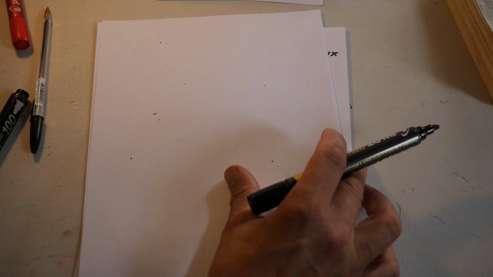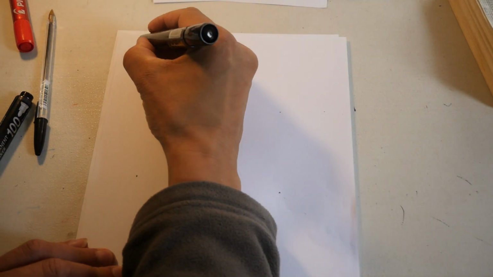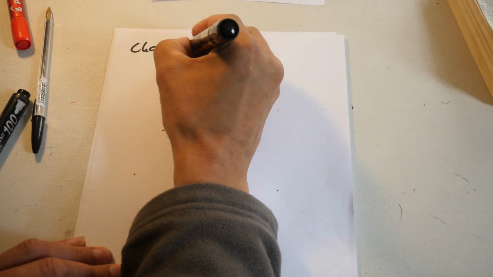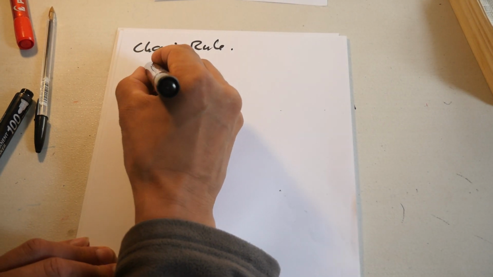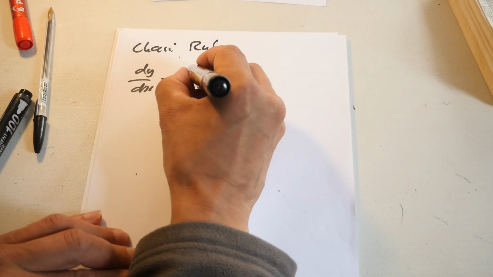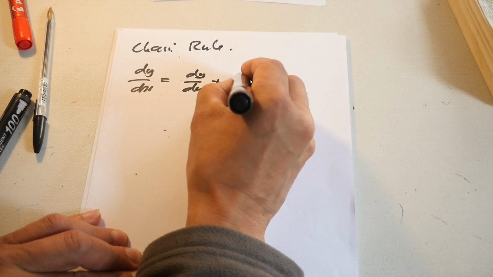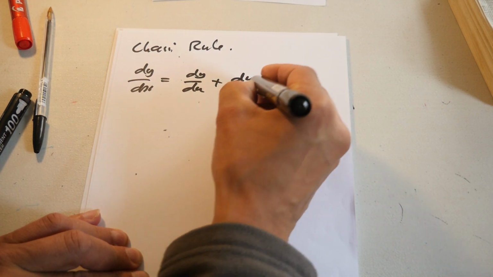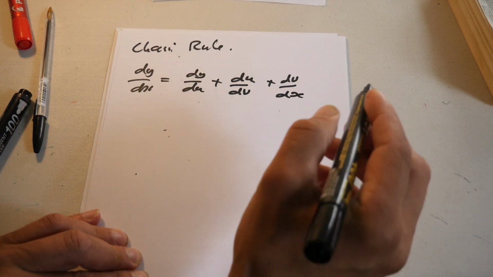So, right, chain rule. So the basic idea is dy by dx equals dy by du times du by dv times dv by dx, okay?